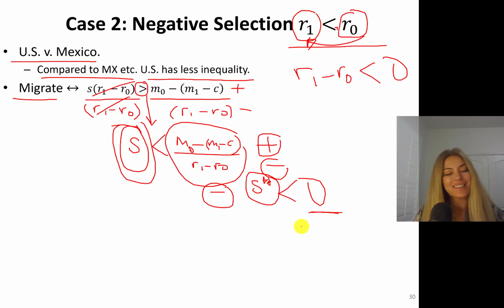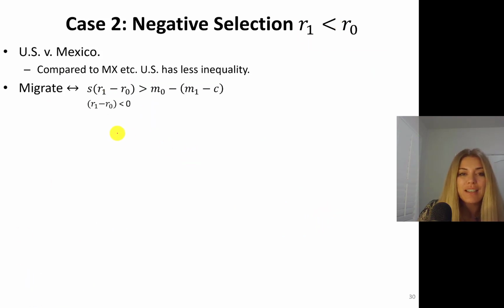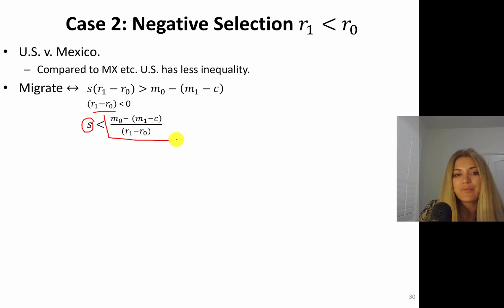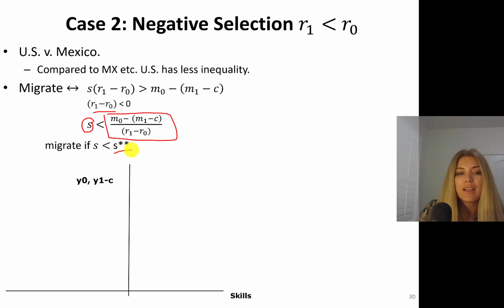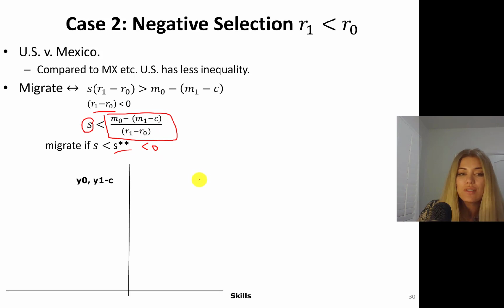Interesting. Let's draw this graphically. Okay, so just repeating everything. R1 minus R0 is negative. So S is less than this expression. This is called S double star, and this is less than 0. So let's draw this again.